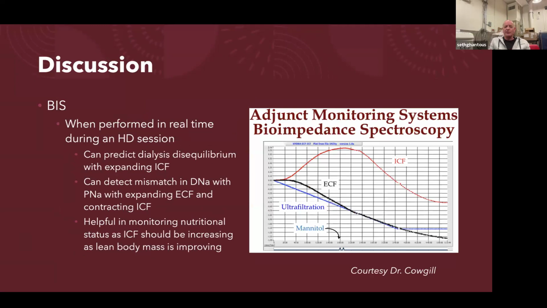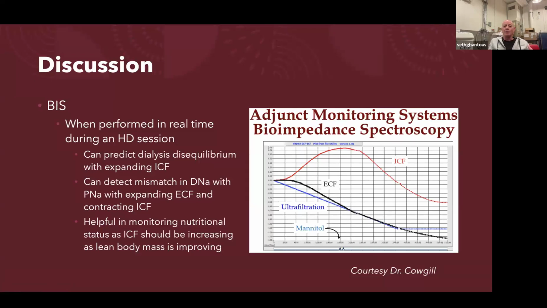When performed in real time during an HD session, the bioimpedance can be very helpful in predicting things like dialysis disequilibrium, which this graph does show, with a big expansion of the intracellular fluid volume during a patient receiving hemodialysis with ultrafiltration.